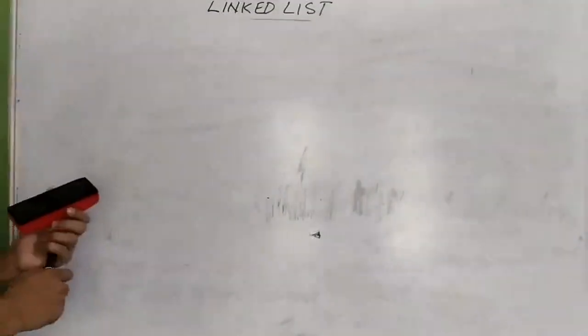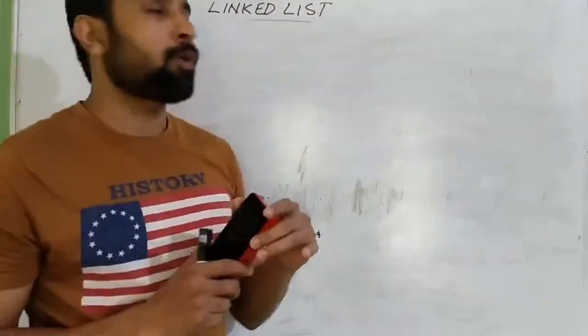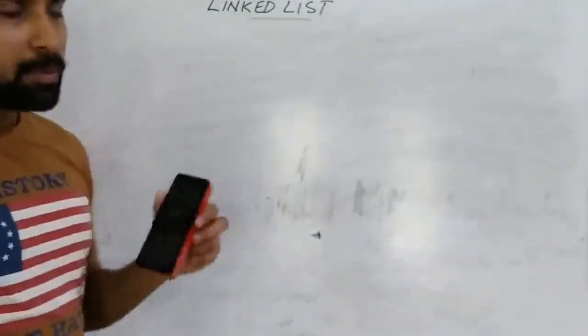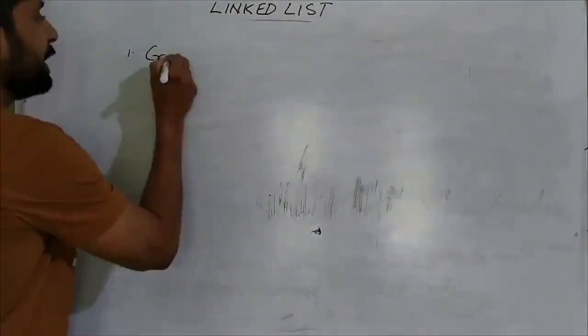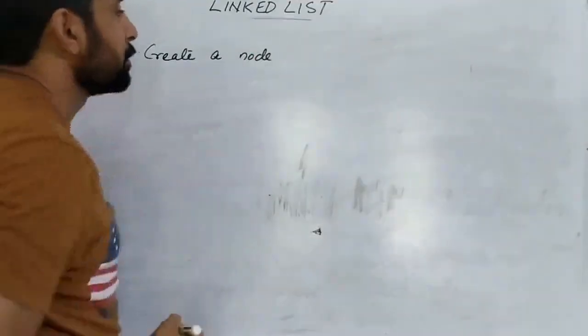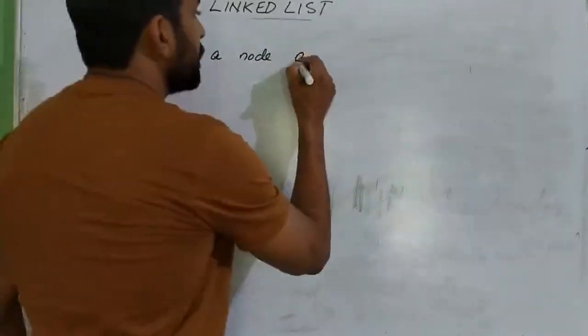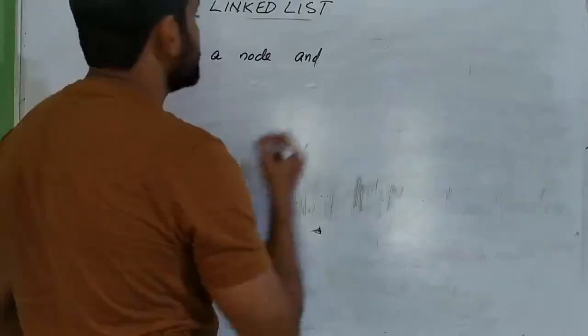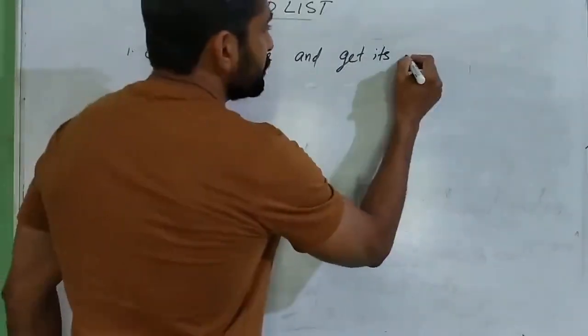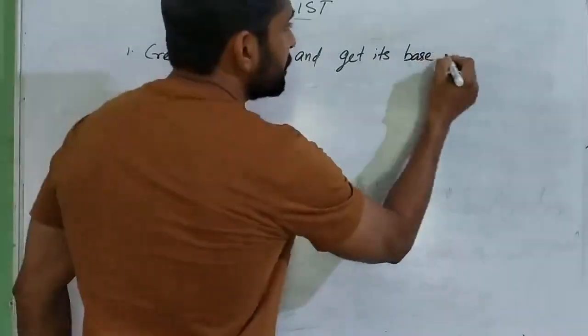So what would be the steps for creating a linked list? First one, create a node and get its base address.